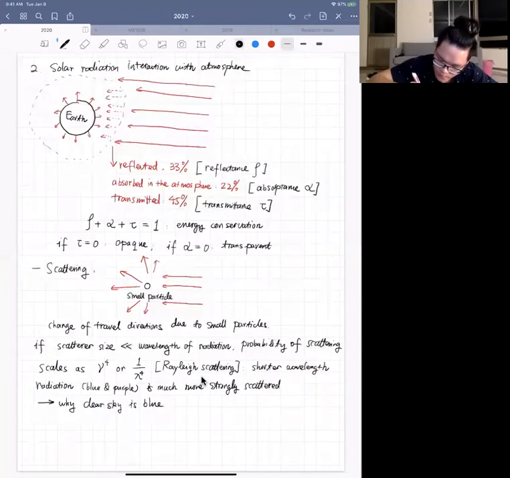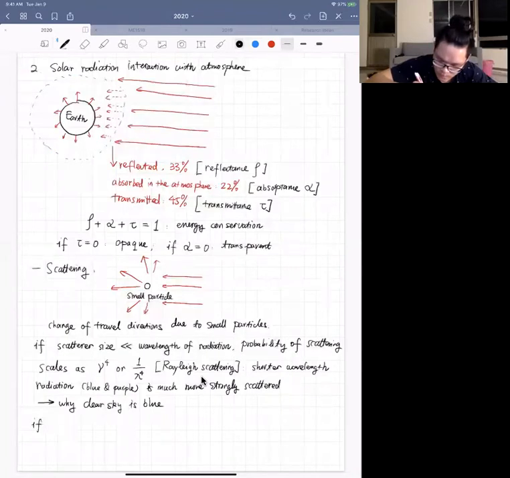Okay, so now you have a cloud. Of course, you know the cloud is white. That's because what forms a cloud is actually water droplets, which have a larger size.